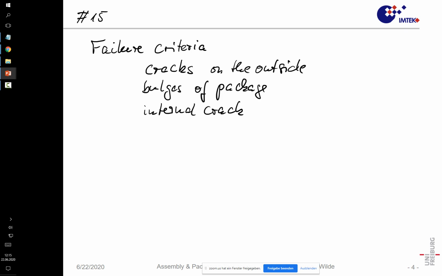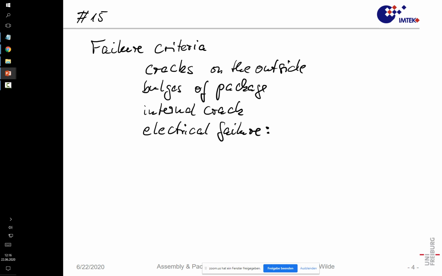I think you can see also the electrical failure because of the interconnection damage. For electrical failure, let us say there would be mainly 3 different criteria, and that is also important for your future work.